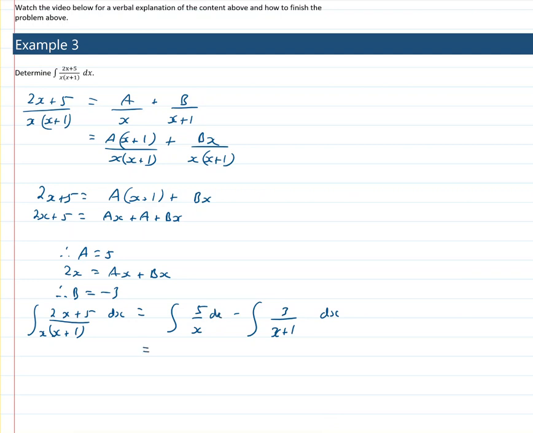Now integrating this becomes a lot simpler. 5 over x just integrates to 5 outside of ln x, and this just integrates to 3 outside of ln x plus 1. So the idea of partial fractions is taking something that's quite complicated and that we can't use substitution for, and splitting it up into two fractions that are actually quite simple.